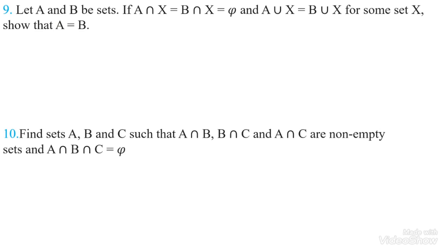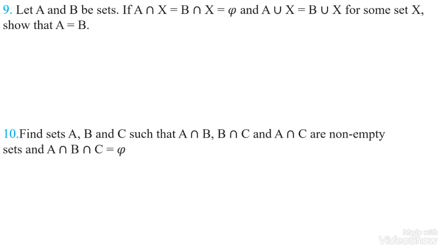Next, question number 9. Let A and B be sets. If A intersection X is equal to B intersection X is null, and A union X is equal to B union X for some set X, show that A is equal to B. And the 10th question: find sets A, B and C such that A intersection B, B intersection C and A intersection C are non-empty sets.